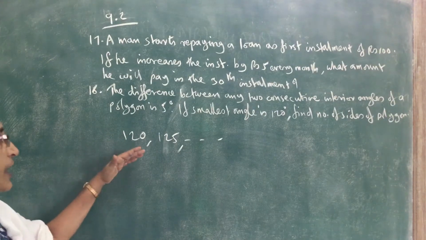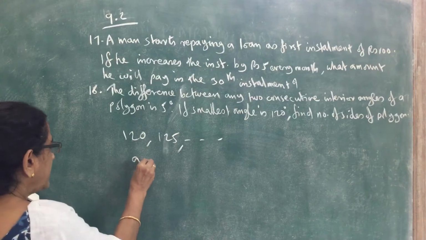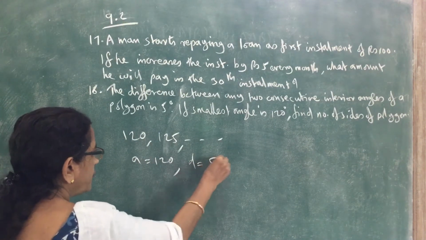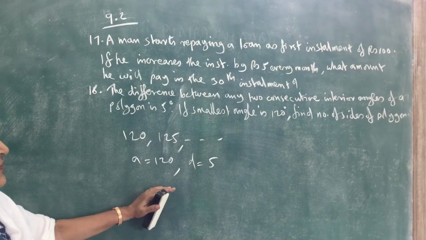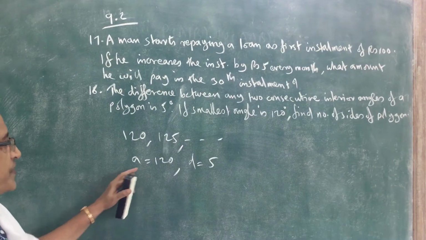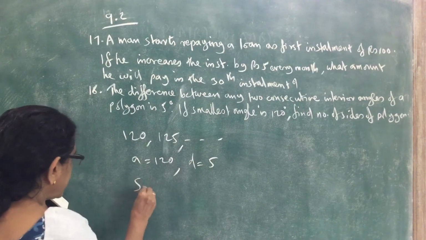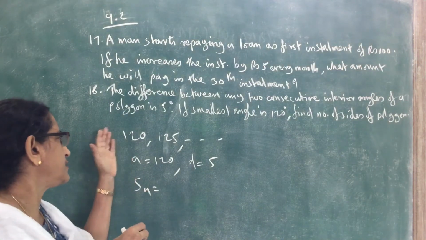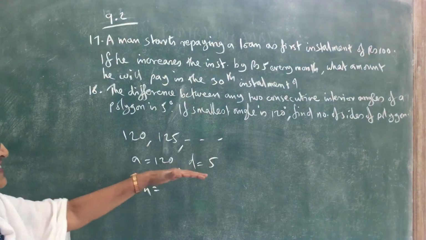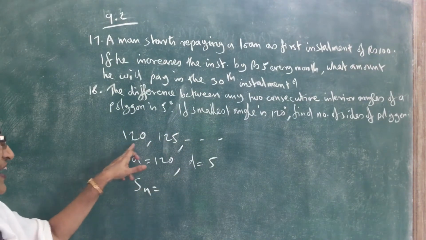Now in this AP, first term a equals 120 degrees, common difference d equals 5 degrees, and we know the sum of n terms of the AP, Sn. Suppose there are n sides, then there are n angles, and the sum of the n interior angles is given by Sn, the sum of n terms.